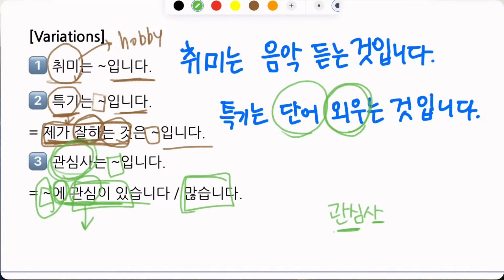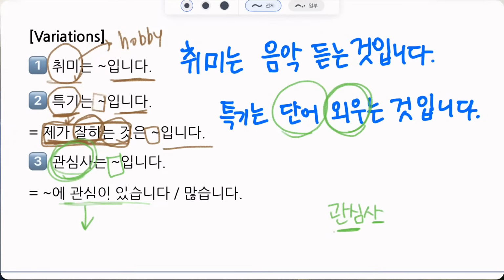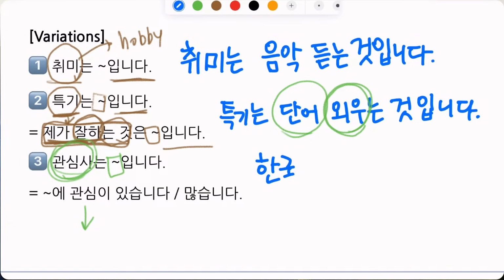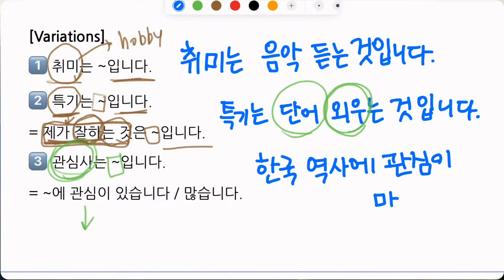Or 관심이 많습니다. I have a lot of interest in something. 그러면 let's say you are interested in Korean history, you can say 한국 역사에 관심이 많습니다. I'm interested very much.